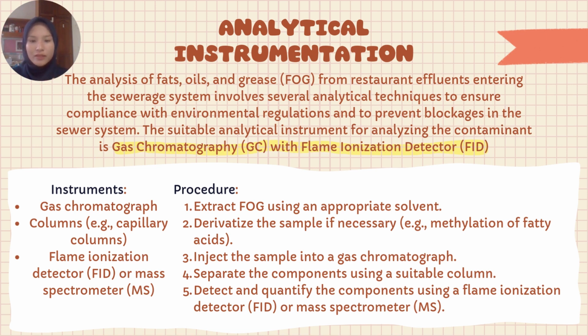The next step is to derivatize the sample if necessary. The next step is to inject the sample into a gas chromatograph. The fourth one is to separate the components using a suitable column. And the last step is to detect and quantify the components using a flame ionization detector or mass spectrometer.